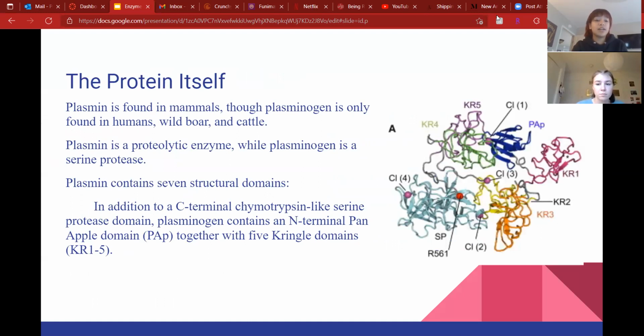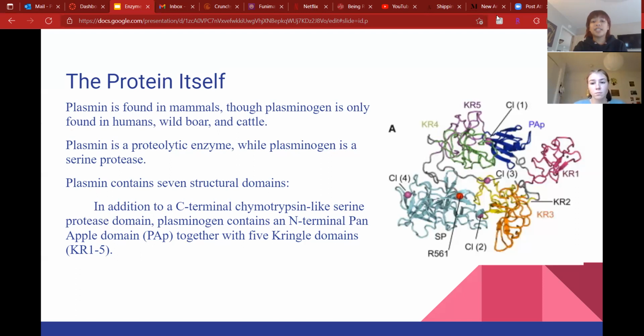The protein itself, plasmin, is found in mammals, though plasminogen is only found in humans, wild boar, and cattle. Plasmin is a proteolytic enzyme, while plasminogen is a serine protease. Plasmin contains 7 structural domains. In addition to a C-terminal chymotrypsin-like serine protease domain, plasminogen contains an N-terminal pan-apple domain together with 5 Kringle domains.